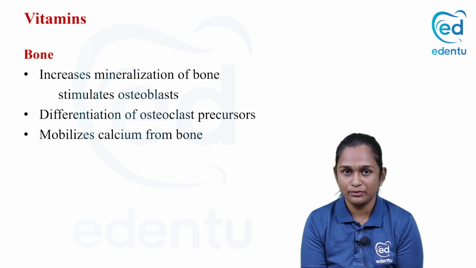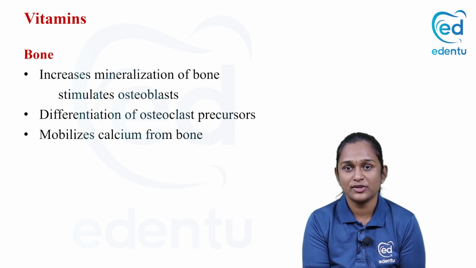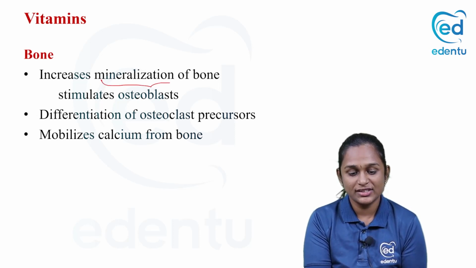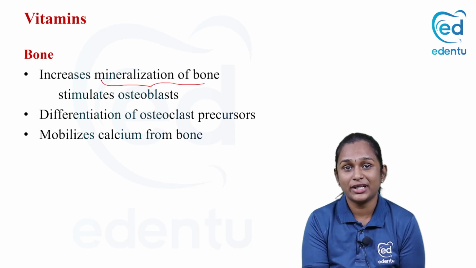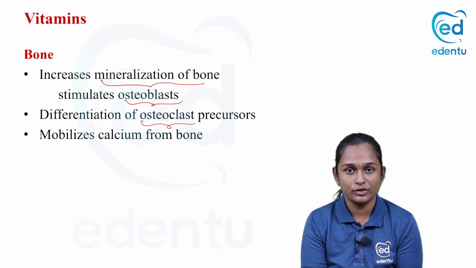What happens in bone? It increases the mineralization of the bone, that means it deposits calcium in the bone. It does this by stimulating osteoblasts, because blast means bone forming cells, and clast means bone resorbing cells.